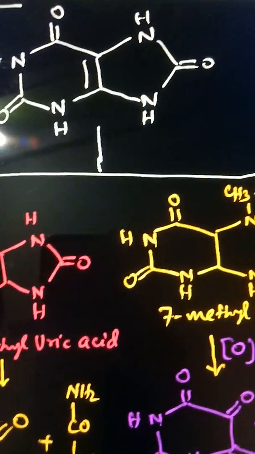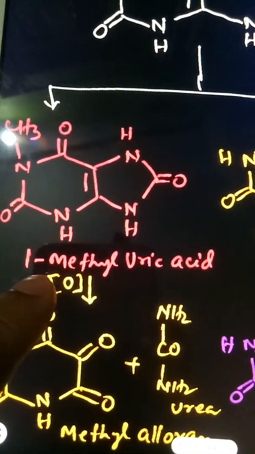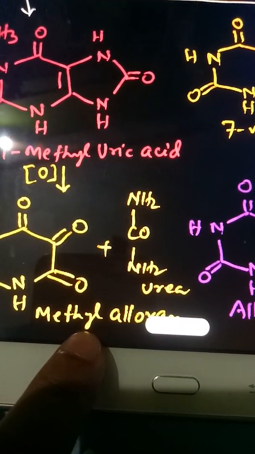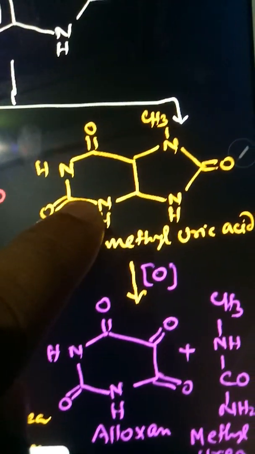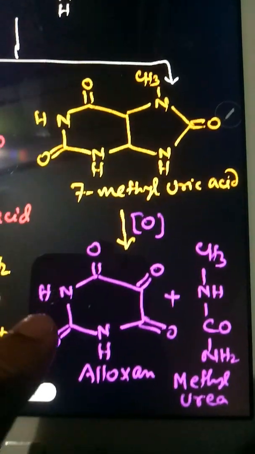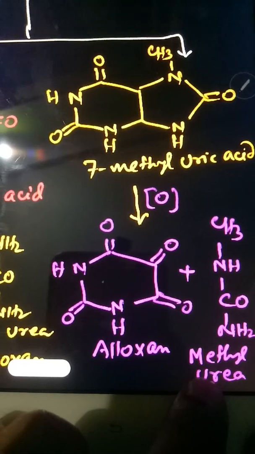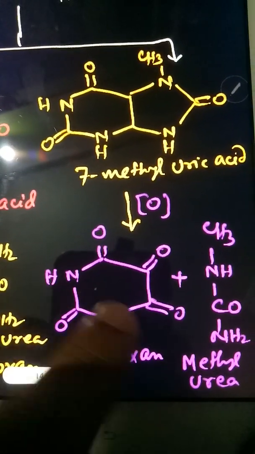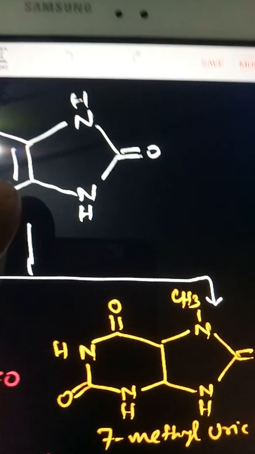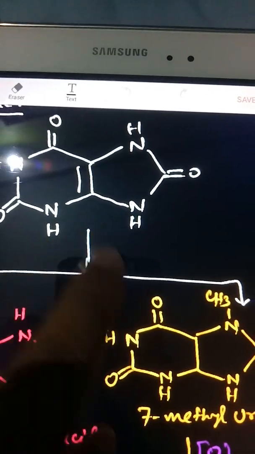What did Fischer do? This is the uric acid. It gives 1-methyl uric acid, and on oxidation gives methyl alloxan and urea. Again, it gives 7-methyl uric acid and on oxidation it gives alloxan and methyl urea. So on the basis of this, Fischer concluded this is the structure of uric acid.